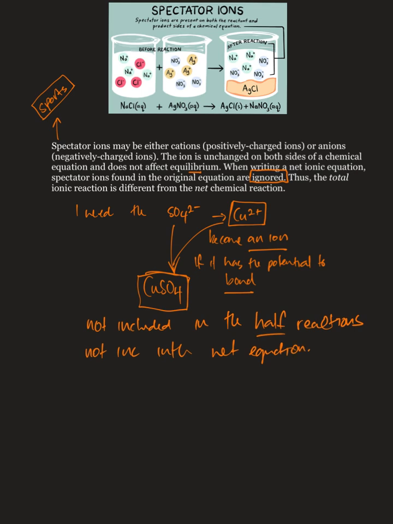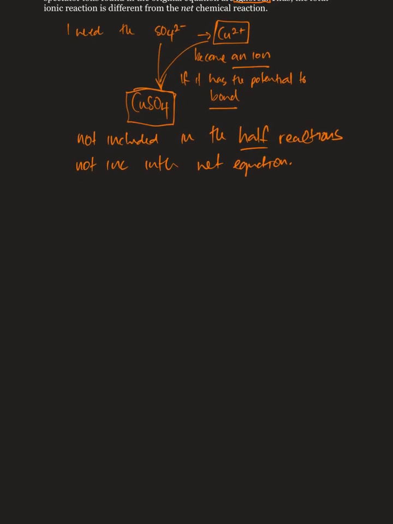So when we say I want a net ionic equation, it's going to be Zn plus Cu2 plus gives me Zn 2 plus and copper.